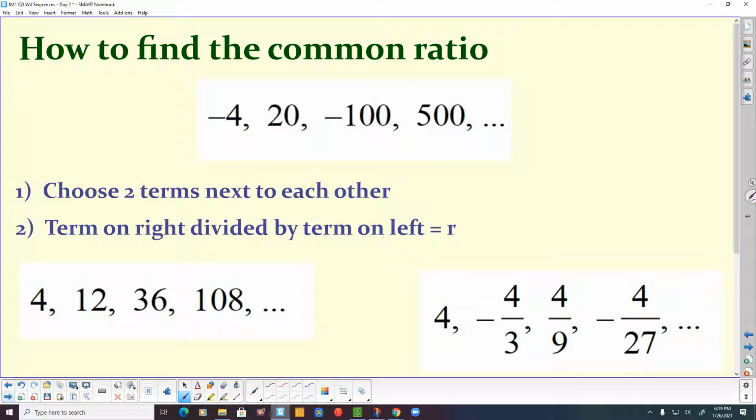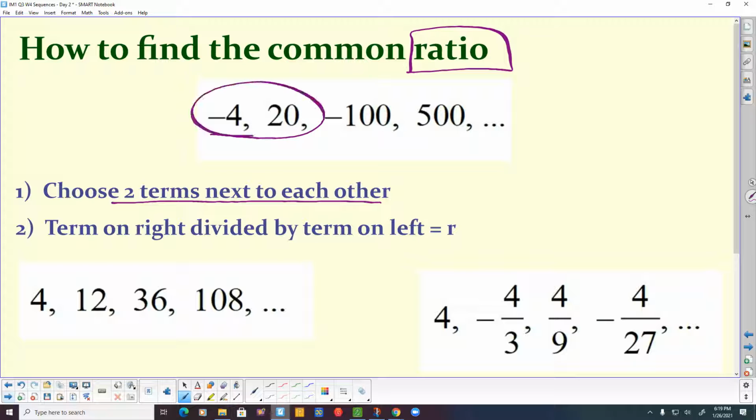Now, how to find the common ratio. This is new, but it looks a lot like what we did for common difference. Choose two terms that are next to each other. Okay, I choose these two. The term on the right divided by the term on the left.